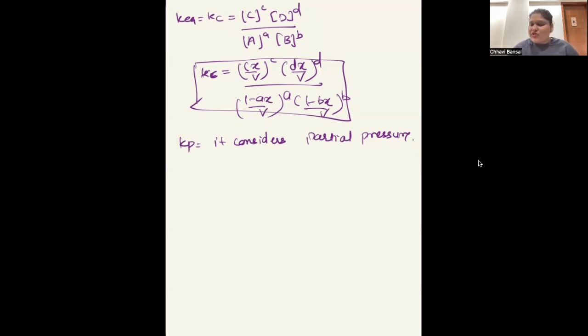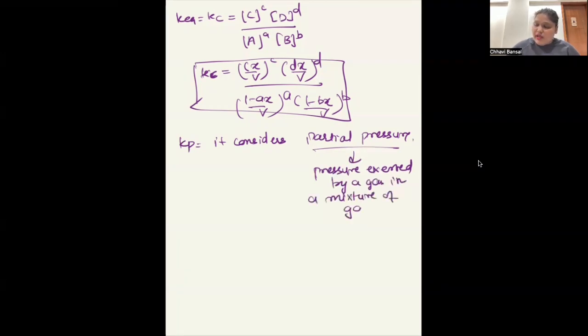So what is partial pressure? Pressure exerted by a gas in a mixture of gases. The pressure exerted by a gas in a mixture of gases is called the partial pressure of that individual gas.